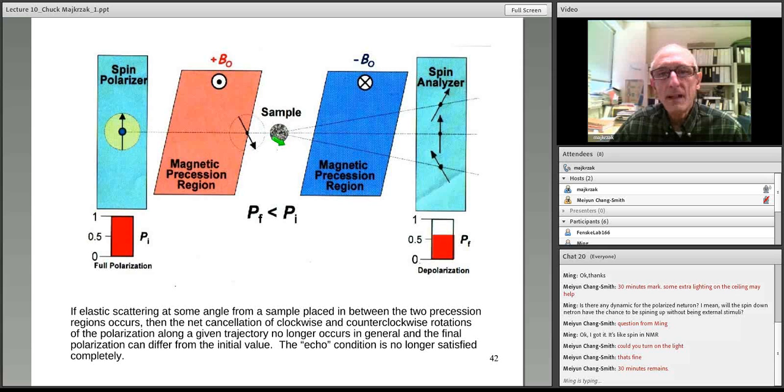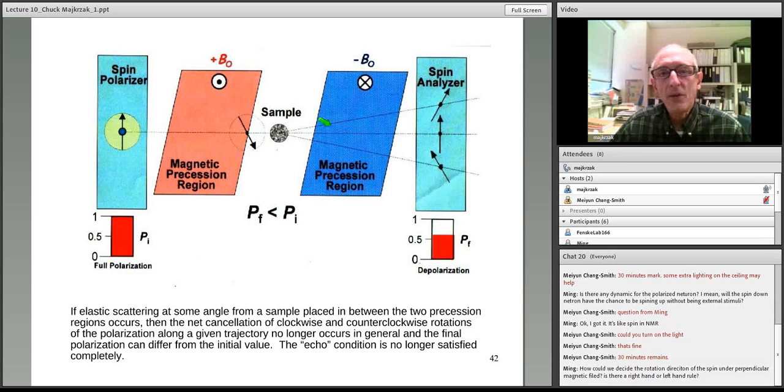But if I put a sample in and the sample scatters this horizontal incident neutron beam up or down, then because these angles are not replicated in this region from what they were in the incident region, there will no longer be a perfect echo condition and the polarization will not go back to its original state of unity.